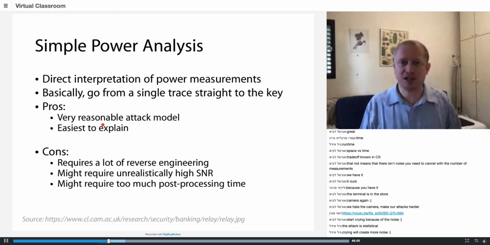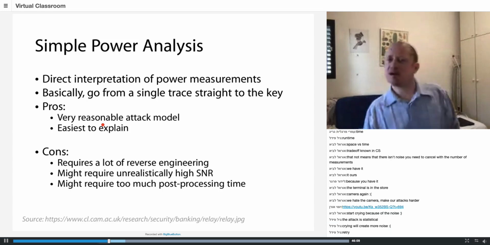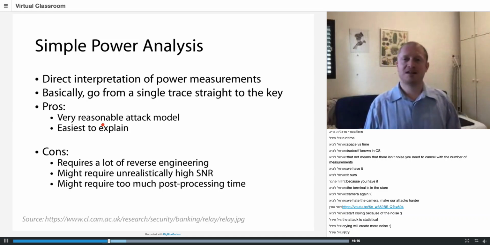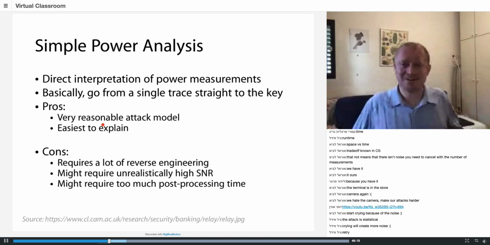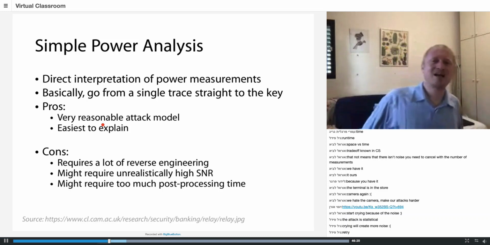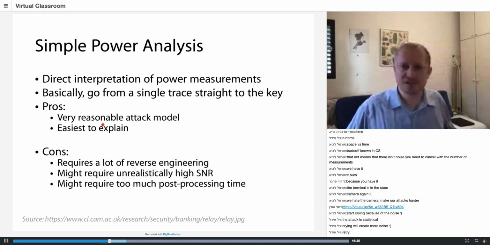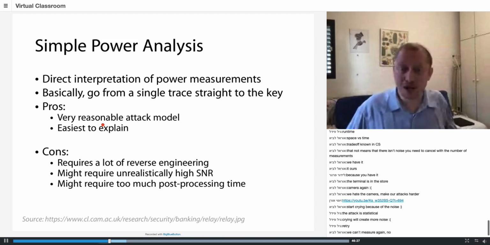How do I deal with it? Maybe I can try flipping a couple of the bits. Maybe I got close to the key, right? Maybe one of the bytes was different. So let's say I have a 16-byte key, and I'm very optimistic about my machine. I assume that it got 15 out of the 16 bytes, right?